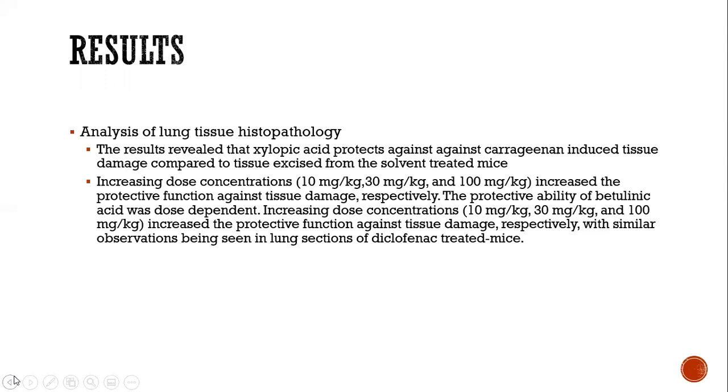It was also seen that increasing the dose increased the protective function against tissue damage. The protective ability of butylenic acid was also dose dependent, meaning that by increasing the dose, the anti-inflammatory activity of butylenic acid increased.